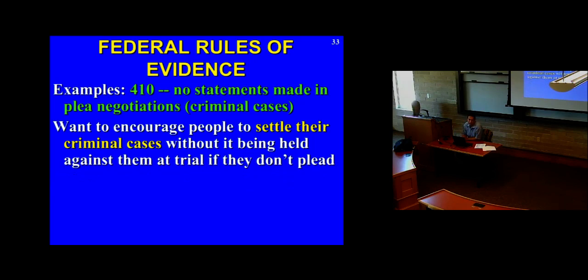The exceptions are similar in that if you're trying to show something else that would show bias or why a witness might lie. For example, this happens in criminal cases all the time. There are two co-conspirators. One co-conspirator takes a plea deal, but part of the plea deal is that they'll testify against their co-defendant.